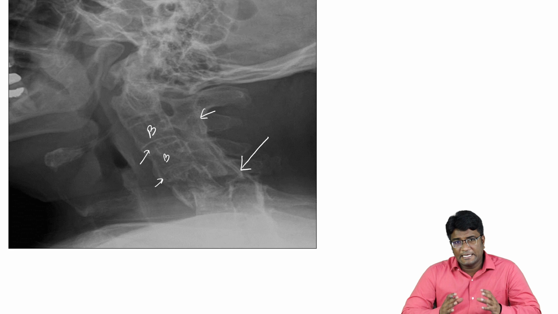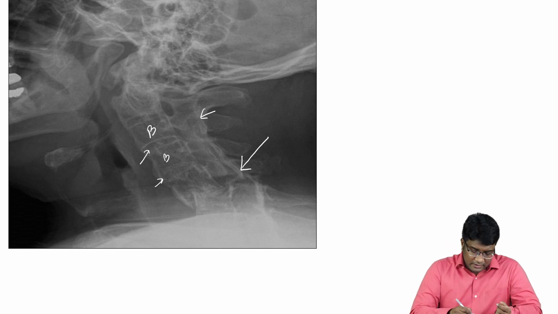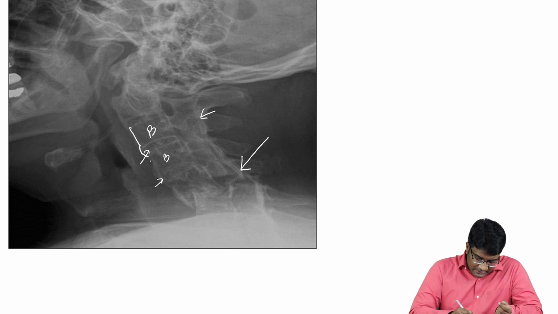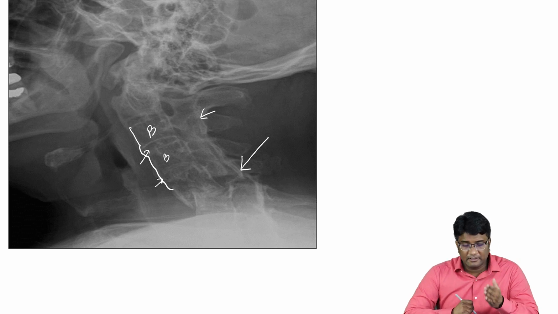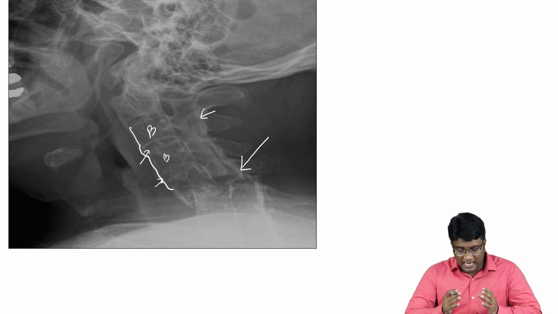So when you see demineralization of the spine, when you see that there is ossification of the periphery of the intervertebral disc, right? So these are the vertebral bodies, and the intervertebral disc peripherally are ossified, giving the appearance of the bamboo spine. And also you see that there is decrease in the intervertebral disc space. Think of ankylosing spondylitis.